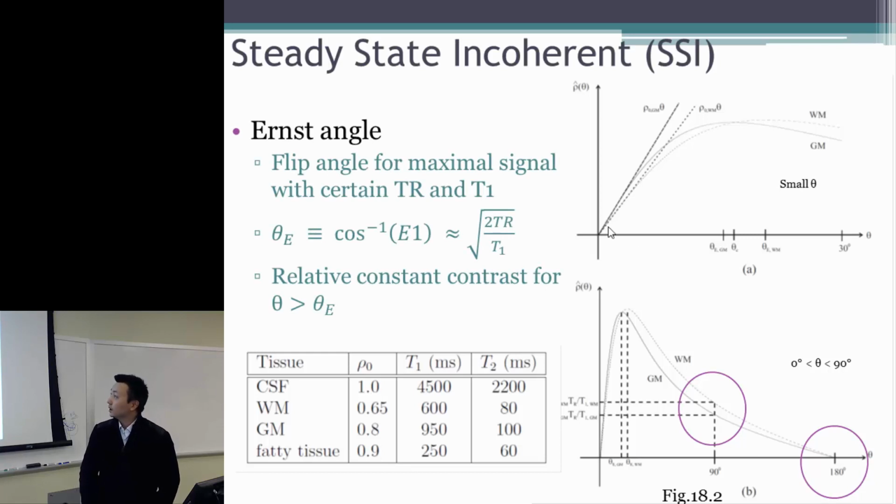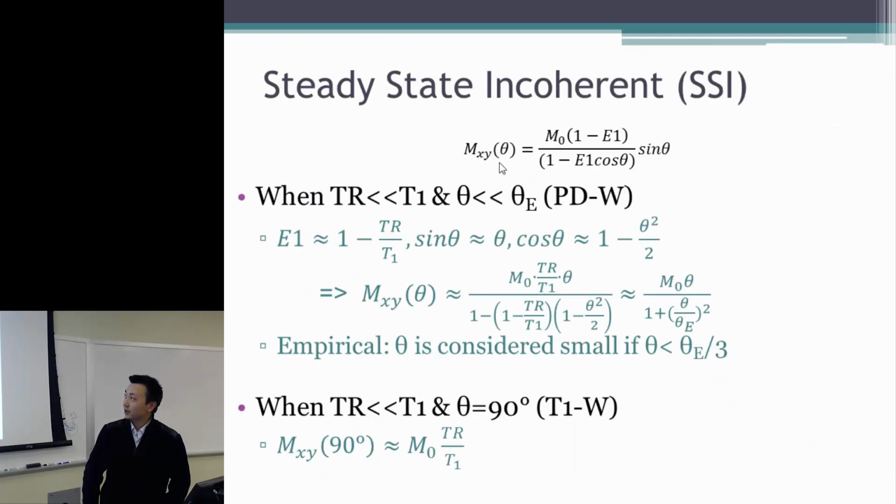Okay, so yeah, this is the introduction of the Ernst angle. Ernst angle is the flip angle at which, given a certain TR and T1, you can achieve maximum signal for that specific tissue. Its calculation is easy. The calculation is done by setting the derivative of this equation to 0.